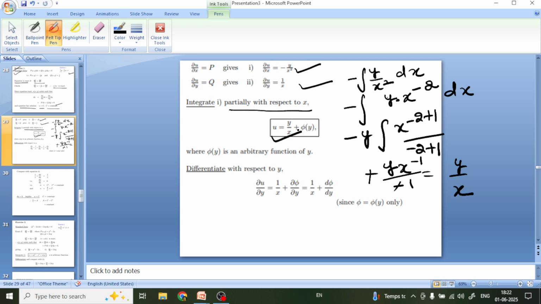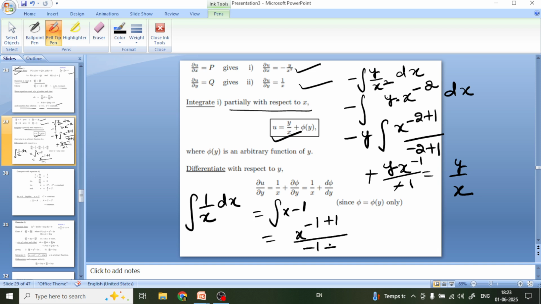When we find the integration of 1 over x, x raised to power minus 1, when we solve its integration, you will see minus 1 plus 1 over minus 1 plus 1, and x raised to power 0, that is 0. 0 means it is equal to phi.